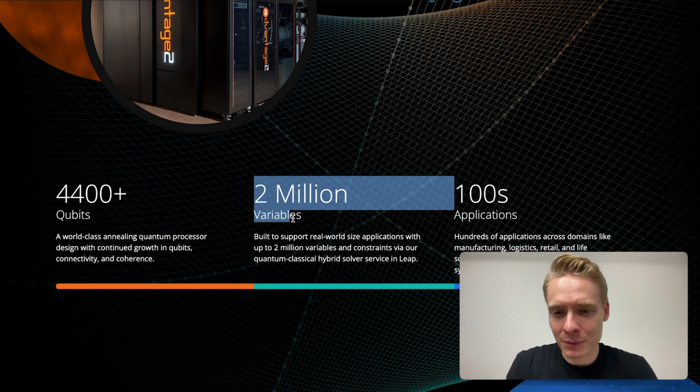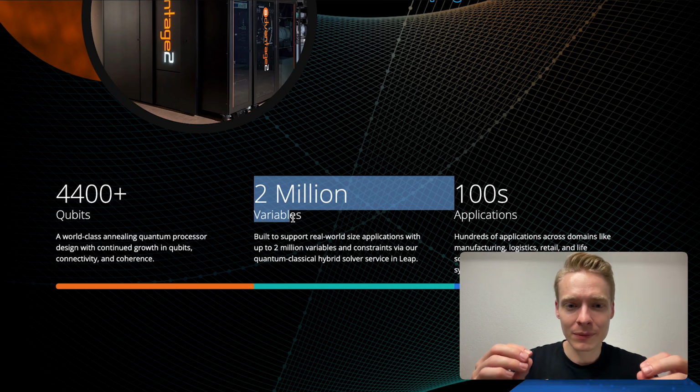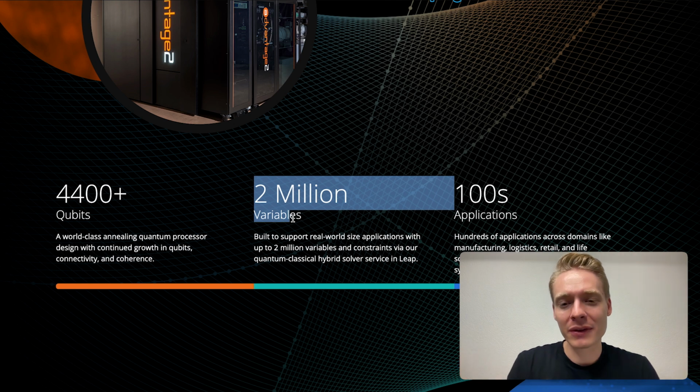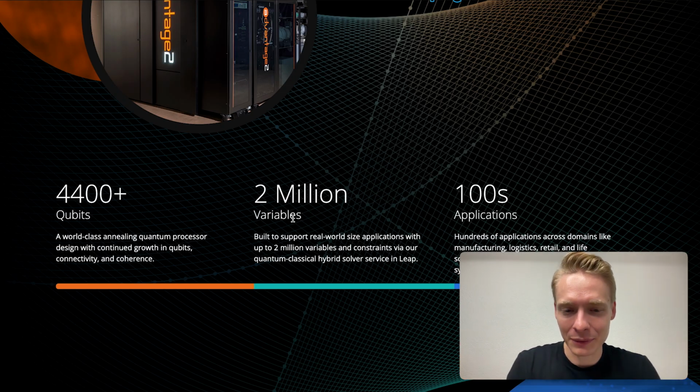Variables, I guess, mean, when you encode a specific problem, you can input certain variables, and of course there's not an unlimited amount. If you have a limited amount of hardware, you cannot put an unlimited amount of variables, and the variables can be like the conditions that your problem has to operate in.